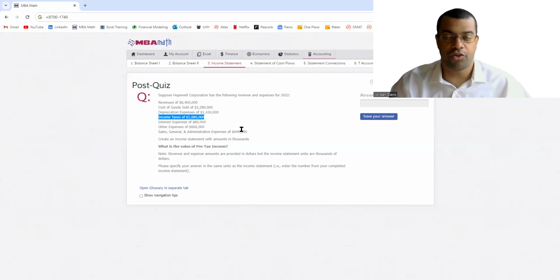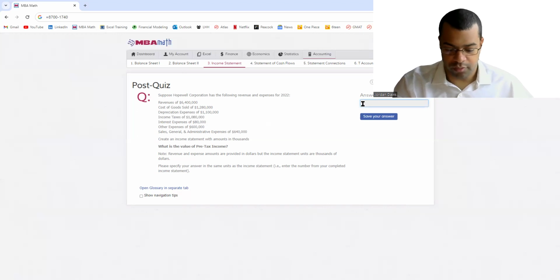And traditionally, you're going to do it in order. So first comes revenue, cost of goods sold, depreciation expense, other expenses, SG&A, interest expense, and then that's how you would calculate it, right? So the answer would be 2,700,000.